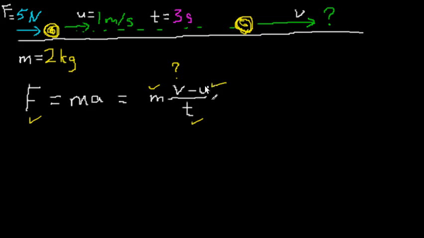So in principle, we can just substitute all the numbers into the known variables and then use algebra to solve for v. We can do it that way, or we can do it in 2 steps as well. We can make use of F equals ma to first find a, and then use the relation between a and v, u, and t to solve for v.